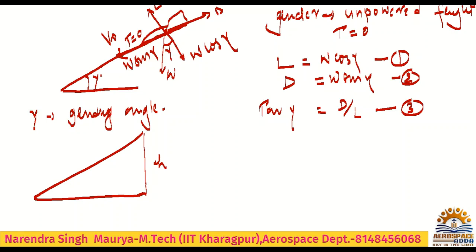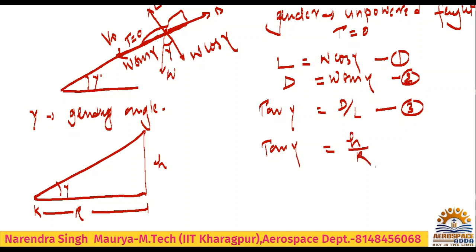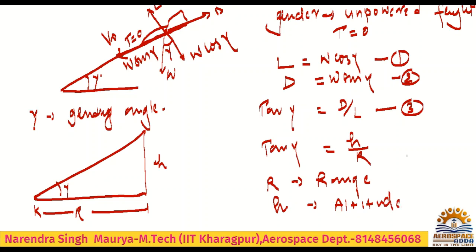This is the altitude where it is launched, and this will be the range, and this is gamma. So tan gamma is nothing but h by R, where R is range and h is altitude. This is equation number 4.